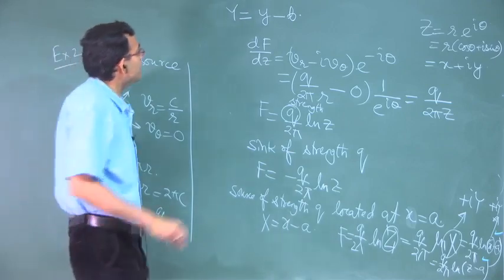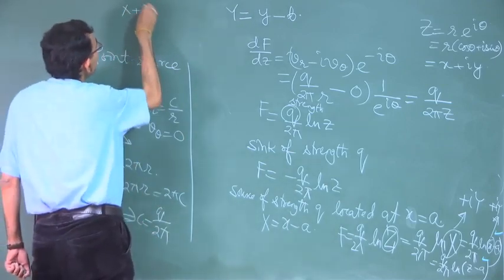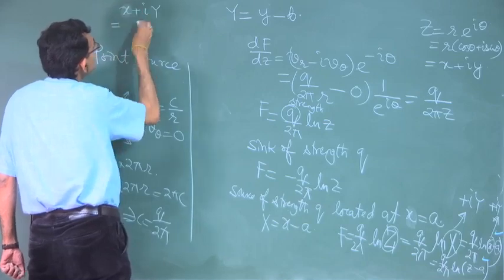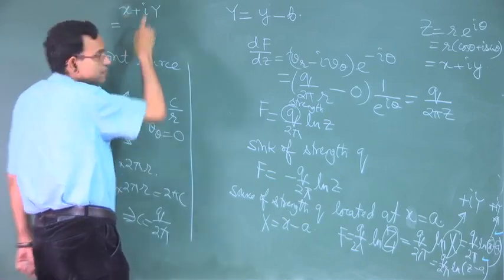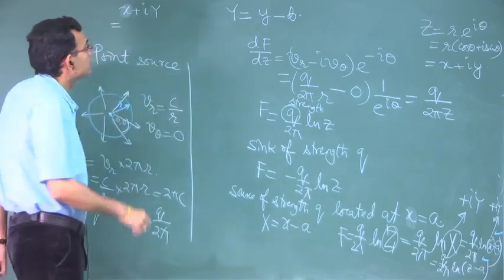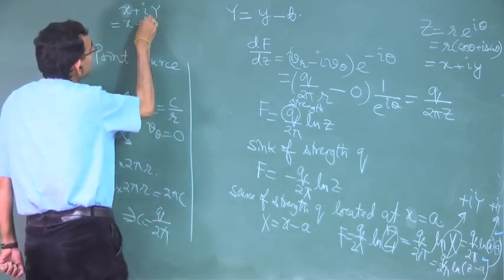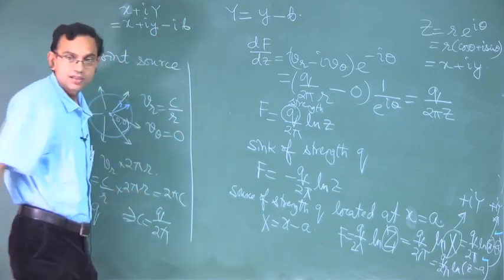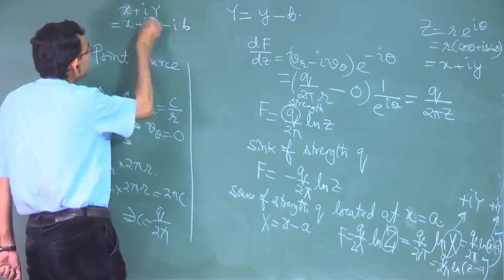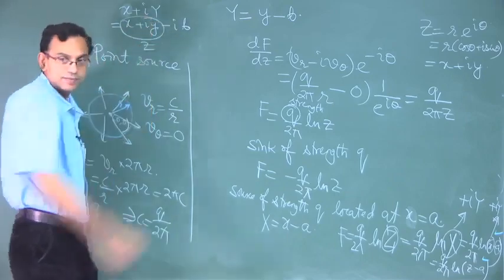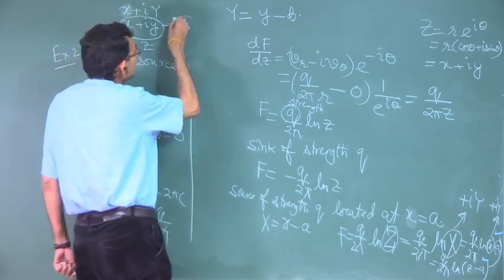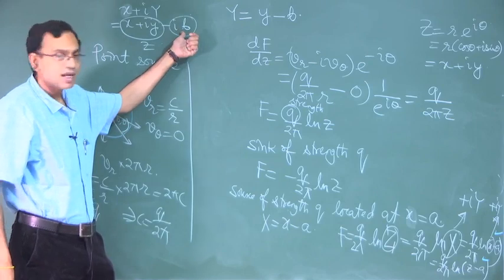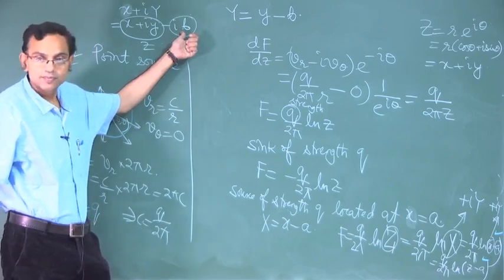So, if you now write, your new z will be x plus new iy. So, x plus iy minus ib, that is what I want to mean, that this is not disturbed, this remains z, but what is disturbed is either on the x axis it becomes a or along the y axis it becomes ib, right.